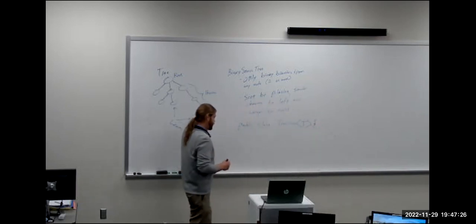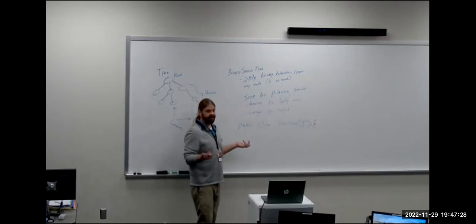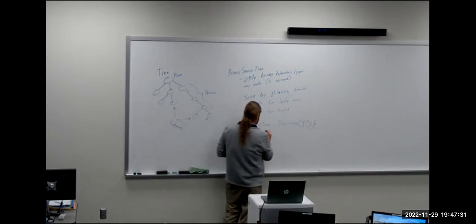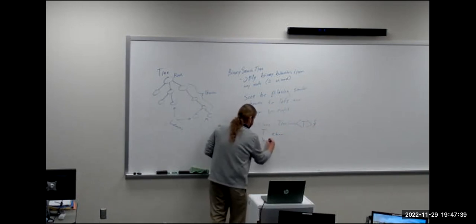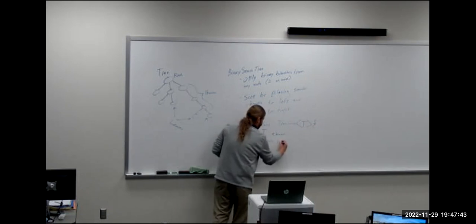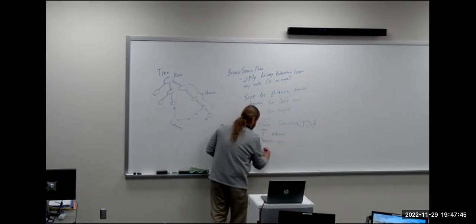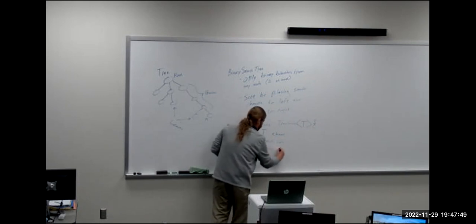And then as far as elements, we have the node itself. So something of type T, we'll just call that the element we're looking at. And then we have a tree node that we'll call left, and a tree node that we'll call right.